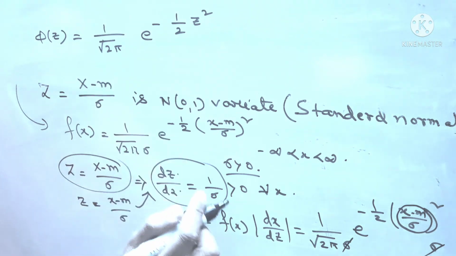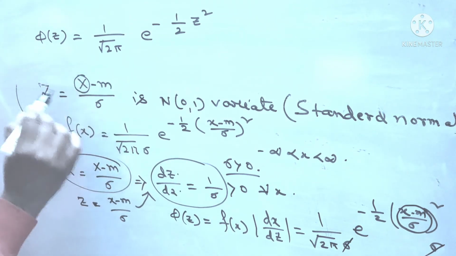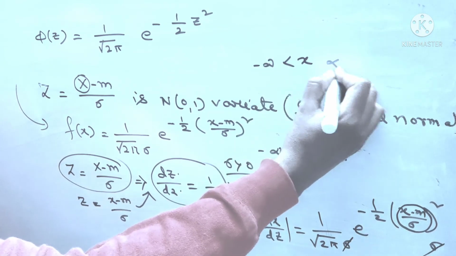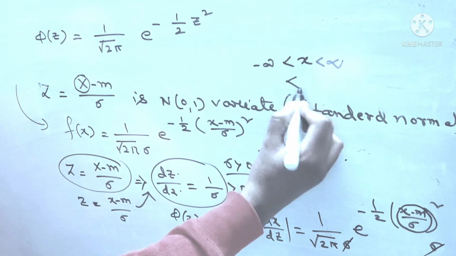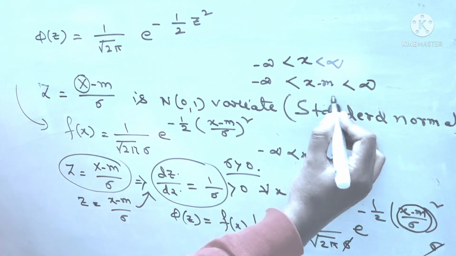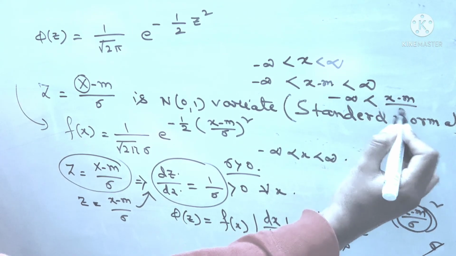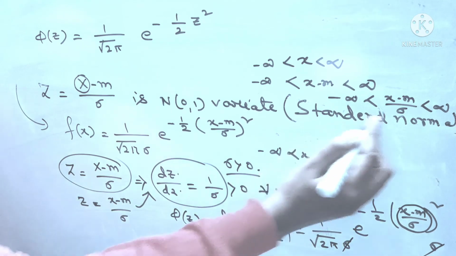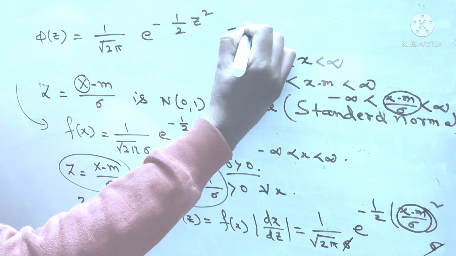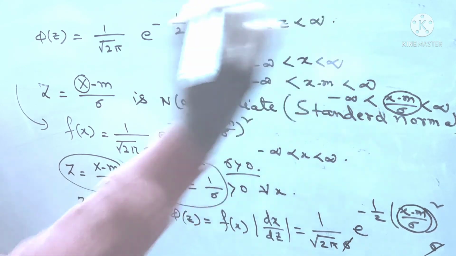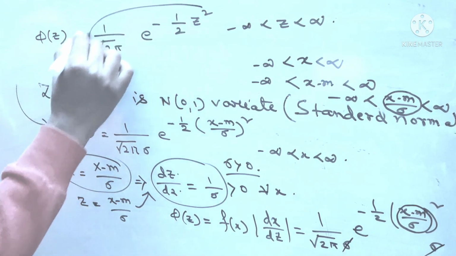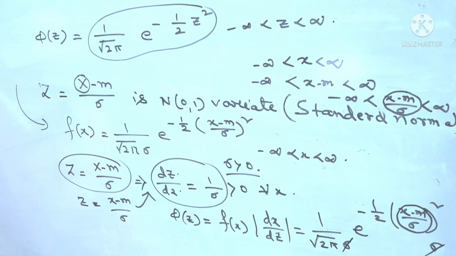And the range of z is, since the range of x is minus infinity to infinity, the range of z is minus infinity to infinity, that is minus infinity less than z less than infinity. And we know that this is the PDF of the standard normal distribution.